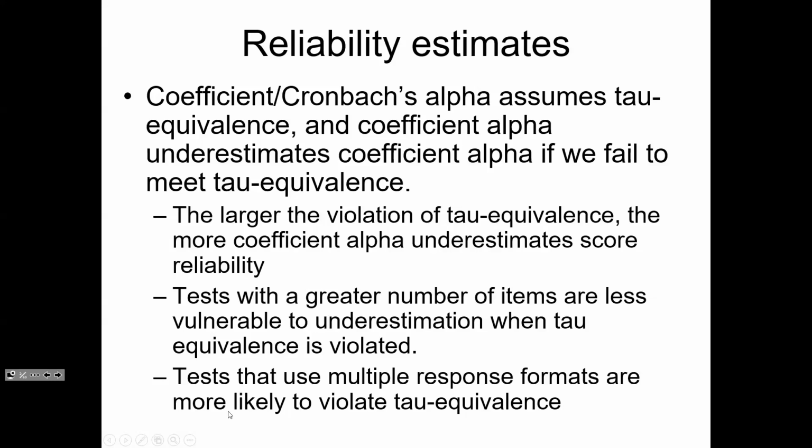Does anybody know any of the other measures that are being touted as better measures of reliability than Cronbach's alpha? Coefficient omega. This is the heyday of coefficient omega. It sounds fancy, right? Omega, it sounds good.